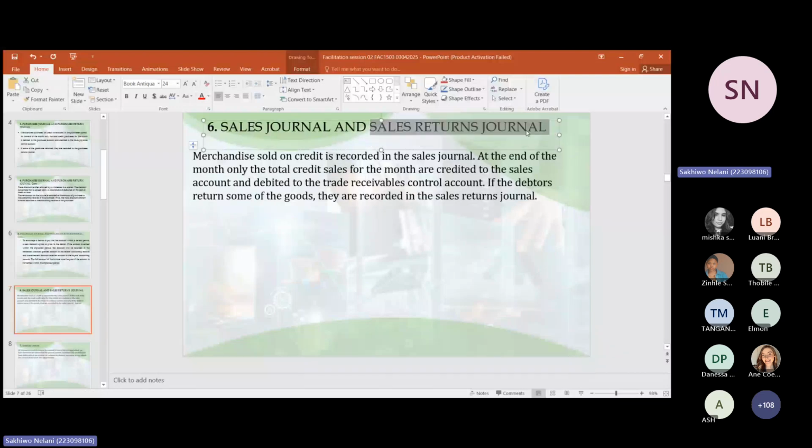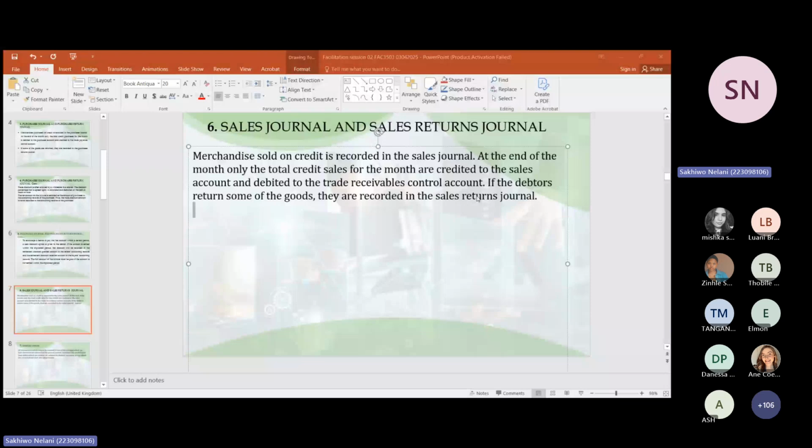So you need to be careful on this. If you are buying a complete product, what journals are used for purchases from the suppliers, from the wholesalers? We've got purchases journals, we've got returns journals, and you must know what events trigger the purchases returns and what events trigger the compilation of the purchases journal.